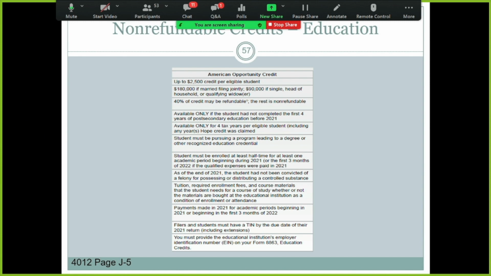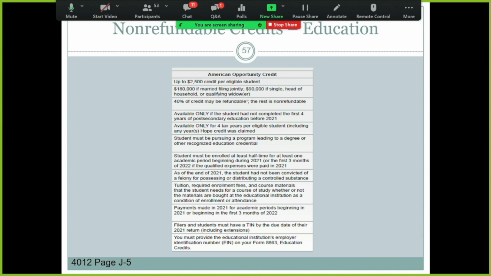It's available only if the student had not completed the first 4 years of post-secondary education before 2021. Available only for 4 years per eligible student, including any years the Hope credit was claimed.